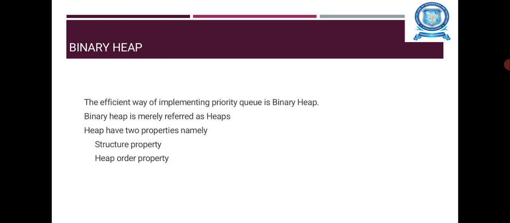The next one is the binary heap. The efficient way of implementing the priority queue is the binary heap. The binary heap is merely referred to as a heap. The binary heap has two properties, namely the structure property and the heap order property.